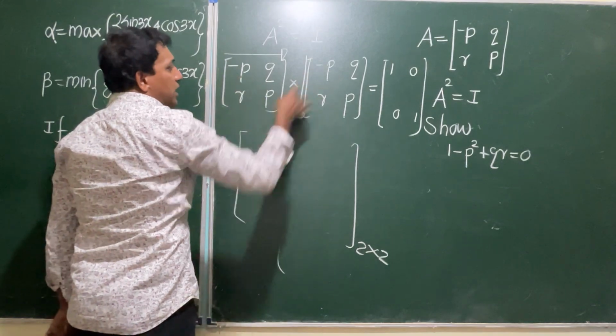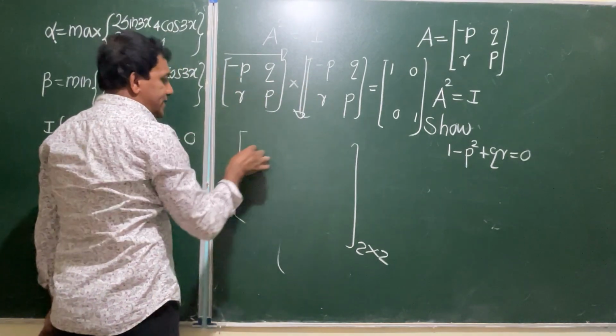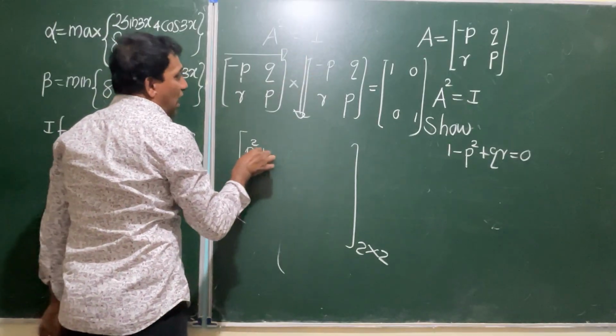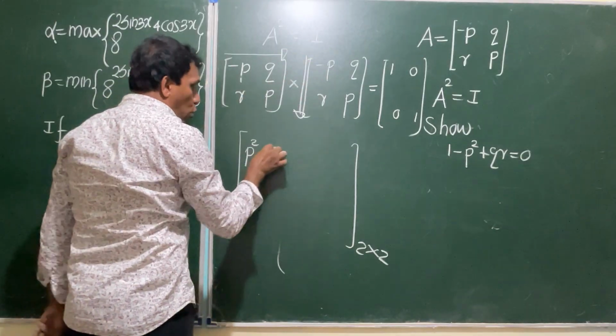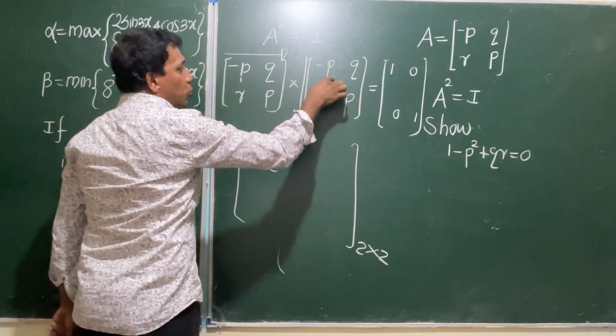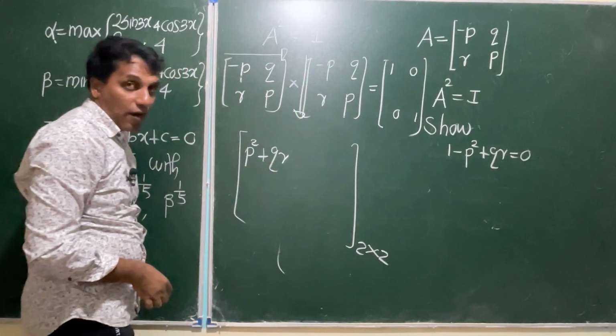So minus P multiplied by minus P gives positive P square, plus Q R. This row and column: P into P, Q into R, right?